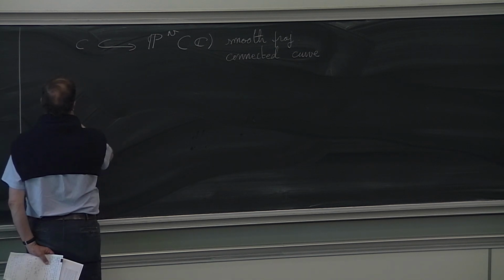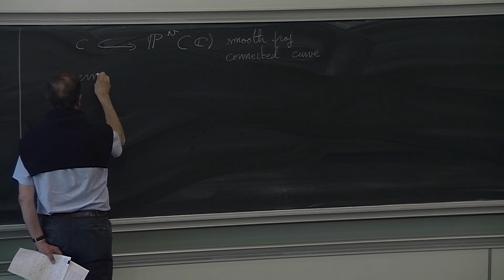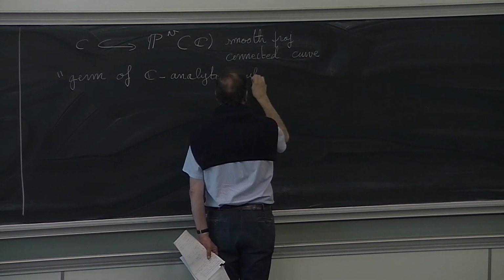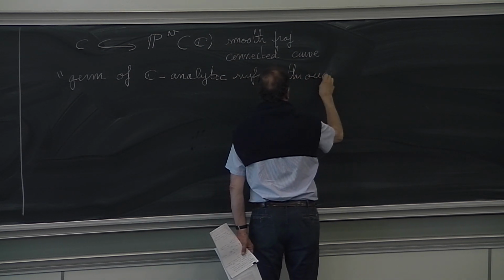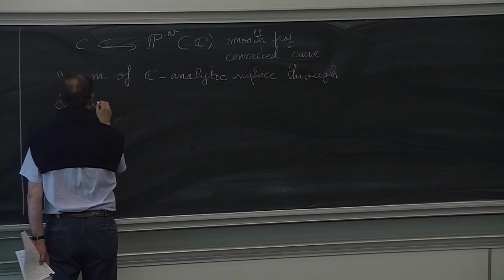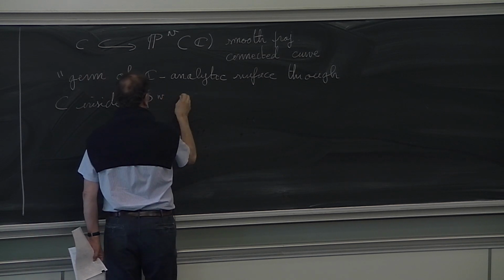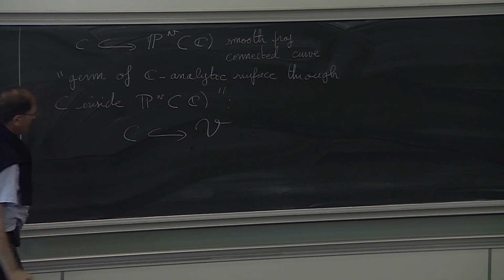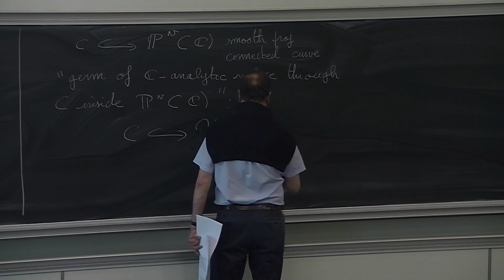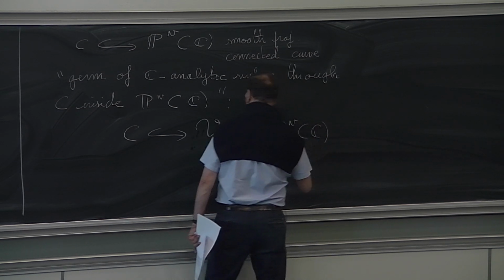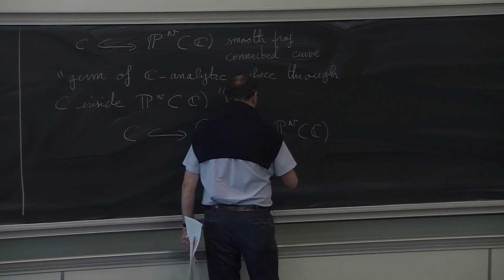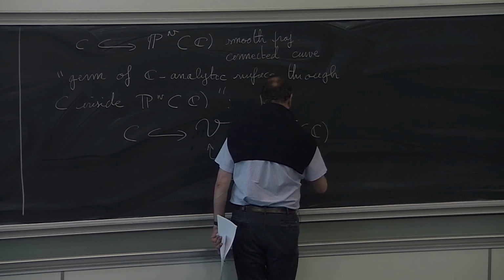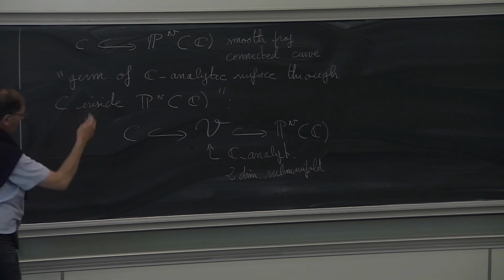And assume that you are given a germ of C analytic surface through C inside Pn of C. So assume you are given a curly V, a C analytic two-dimensional submanifold in Pn of C. Let's assume it connected to fix ideas.